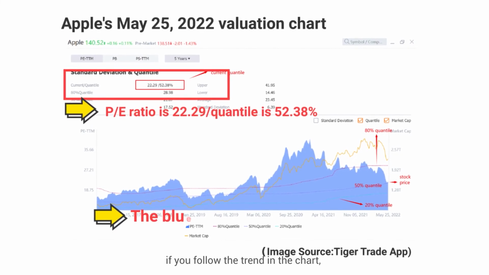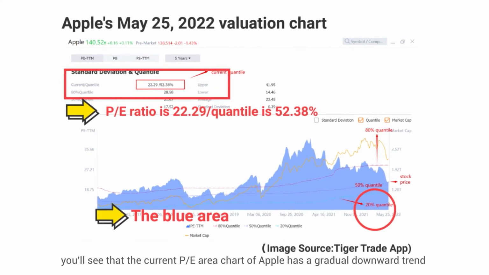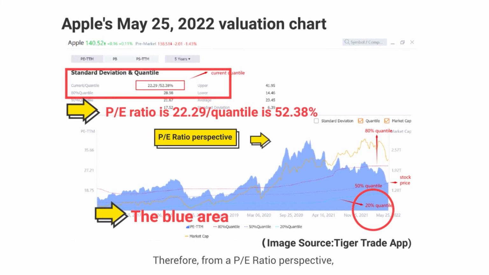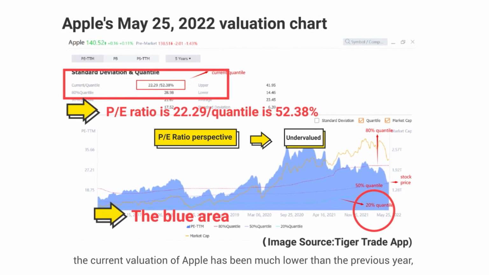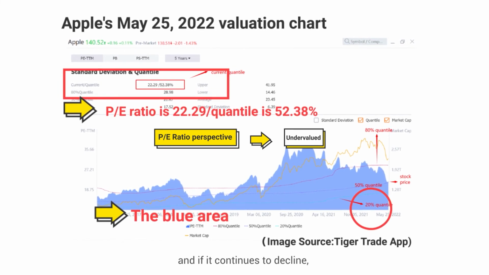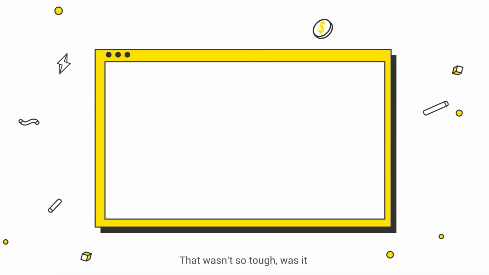If you follow the trend in the chart, you will see that the current PE area chart of Apple has a gradual downward trend. Therefore, from a PE ratio perspective, the current valuation of Apple has been much lower than the previous years. And if it continues to decline, there may be a bargain opportunity. That wasn't so tough, was it?